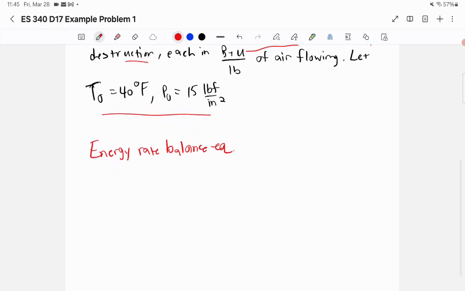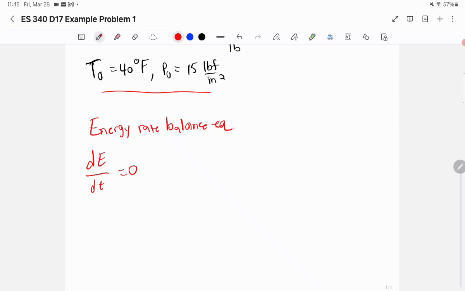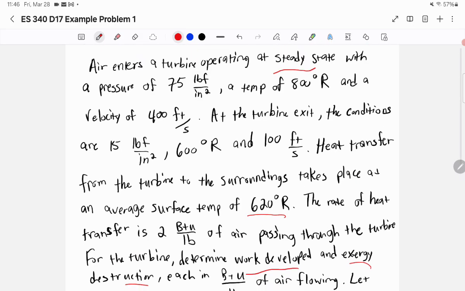So at steady state, we know dE dt is equal to 0. Because of that, we find that 0 is equal to Q dot minus W dot plus, this is just a single turbine, so it just has a single inlet and a single exit.